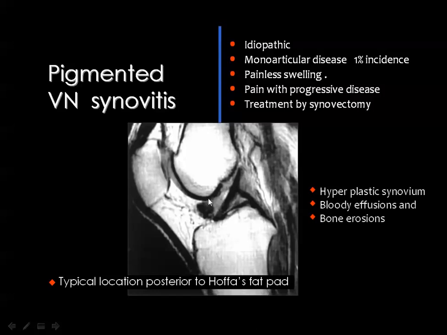This is almost a typical location of pigmented villonodular synovitis. You got hyperplastic synovium, and you got effusion, which may contain blood, and also in advanced cases you can see bone erosions.